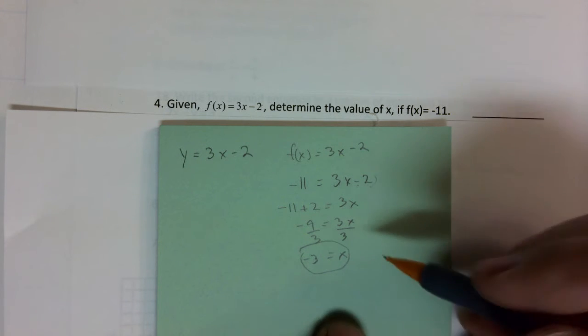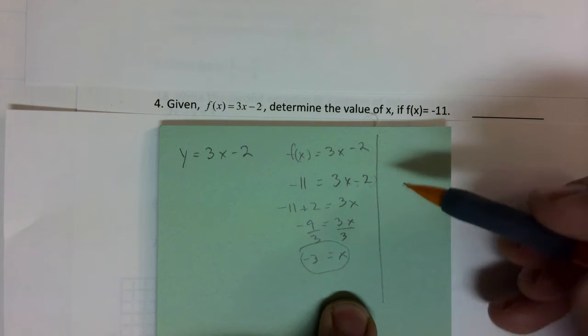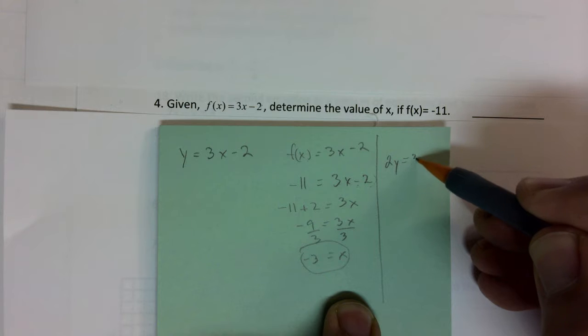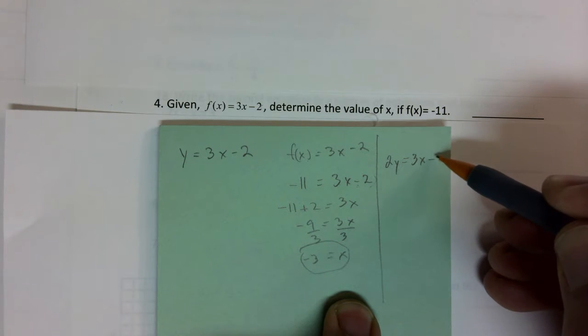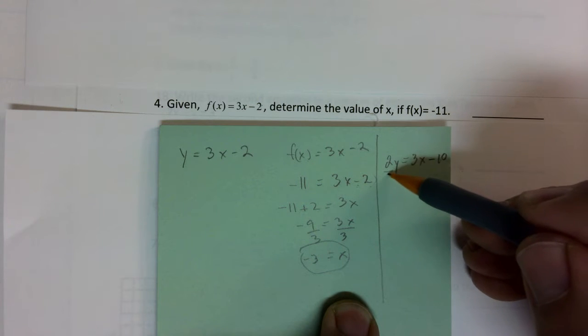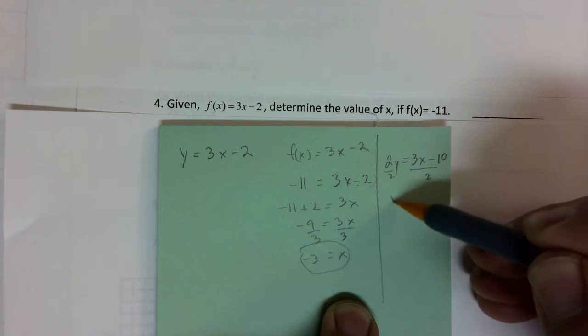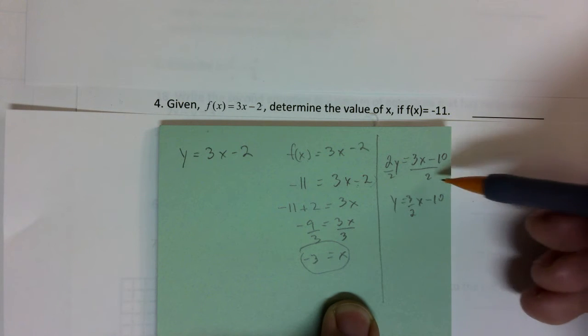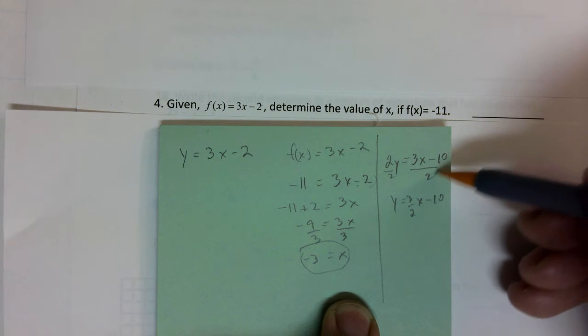Another big one, this is a complete aside. Oftentimes you're so close, say 2x minus 10, and then you're supposed to divide everything by 2 when you're isolating. You forget to divide here.